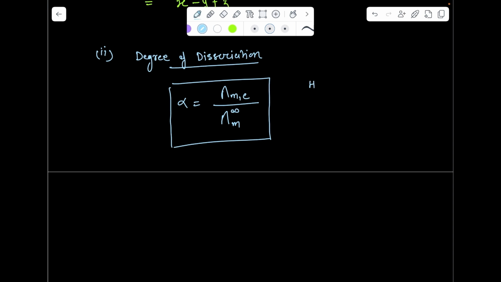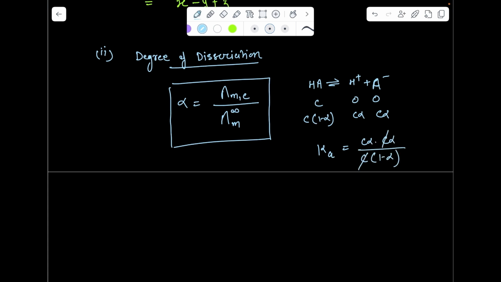Apart from that, if you are taking a weak acid, HA giving H plus and A minus, so the initial concentrations are C, 0, 0, and at equilibrium C(1 minus alpha), C alpha, C alpha, based on the ionic equilibrium. So the dissociation constant for the acid becomes C alpha into C alpha upon C(1 minus alpha). You can cancel it out and you will get C alpha square upon 1 minus alpha.